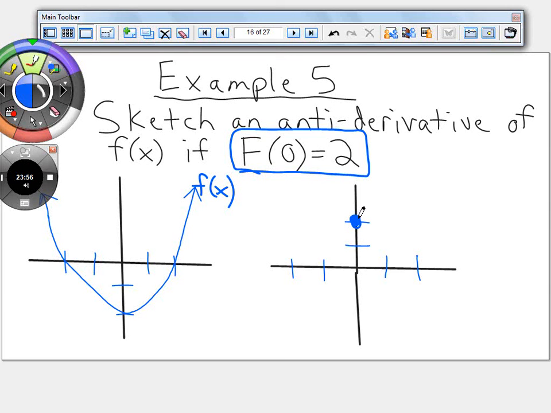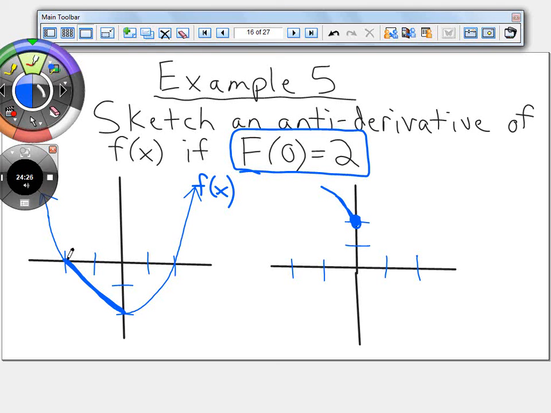Then what I do is I look over to the left, and I can see that when x is a little bit to the left of 0, my derivative, remember this is the derivative of the graph, so this is describing the slopes of the tangent lines of this graph over on the right. So it looks like my slopes, it's below the x-axis, so it's negative. So that means that my slopes are negative, and so it's probably going to look something like this.